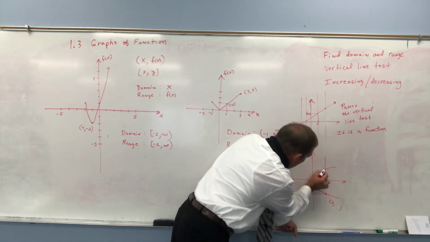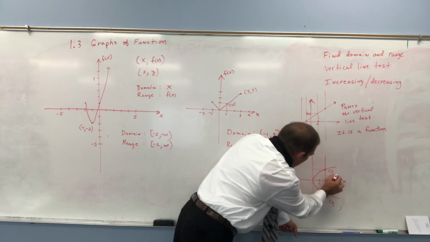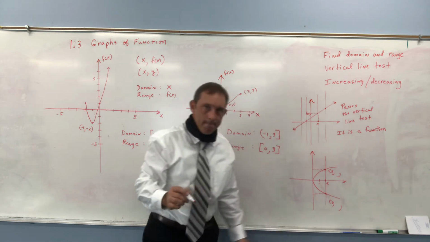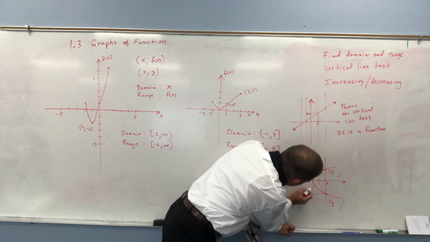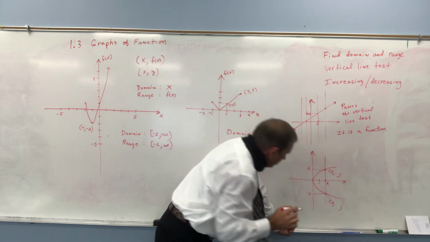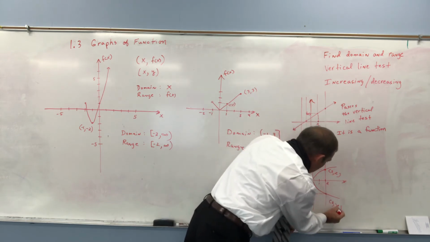But notice this one also is 2 something. Let's suppose this is at -2, and this one's at 2. So we would have (2, 2) and (2, -2).